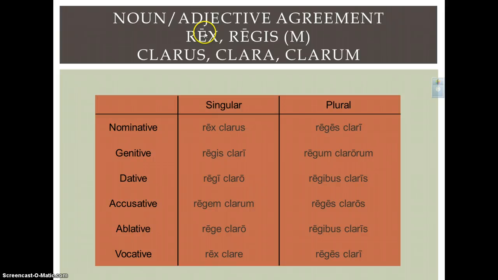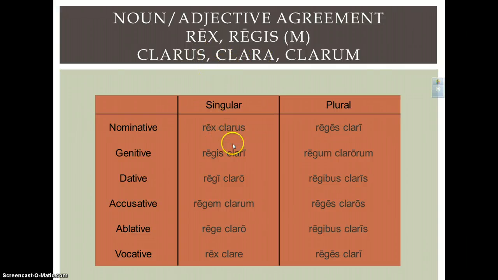If we look at the example rex, regis, masculine, and then the adjective clarus, clara, clarum, we are going to decline rex, regis as a third declension noun, of course, because it is a third declension noun. Rex, regis, regi, regem, rege, rex. But then we're going to decline the masculine adjective in the second declension because this is a first, second declension adjective.